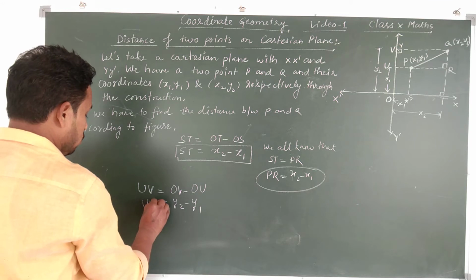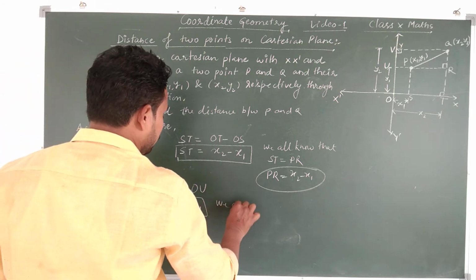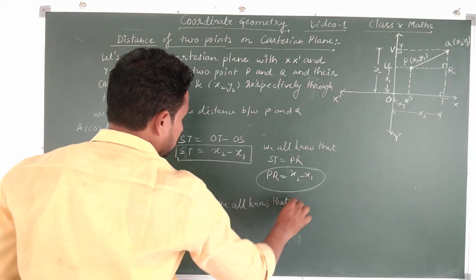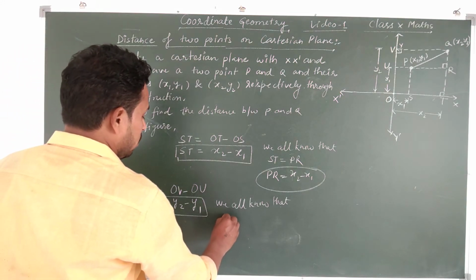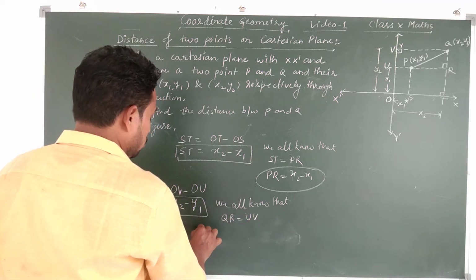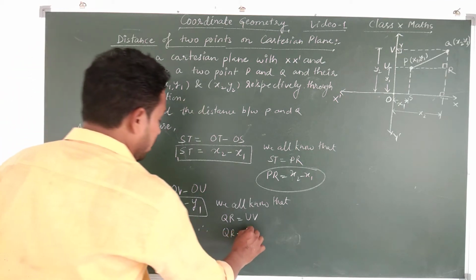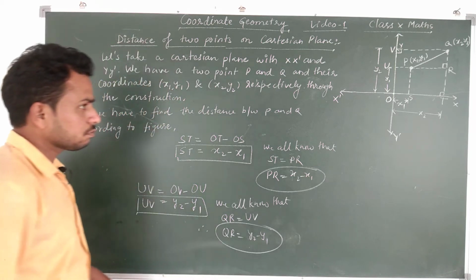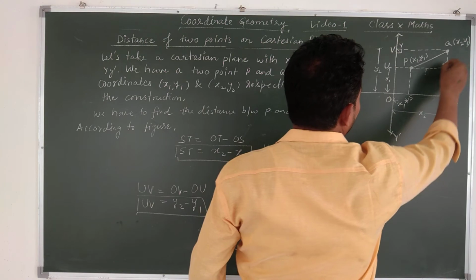So UV equals y2 minus y1, and we all know that QR equals UV. So QR is y2 minus y1. So this is the value of PR and QR.